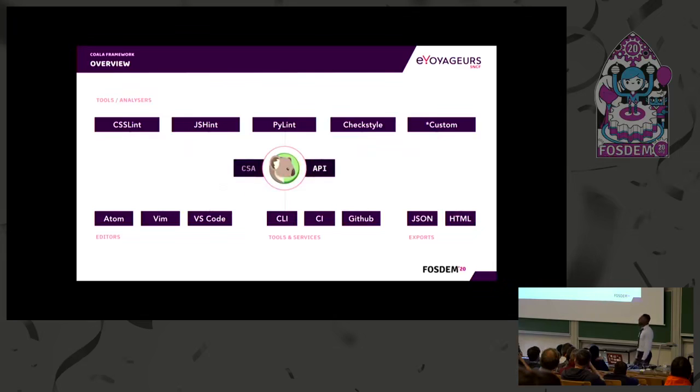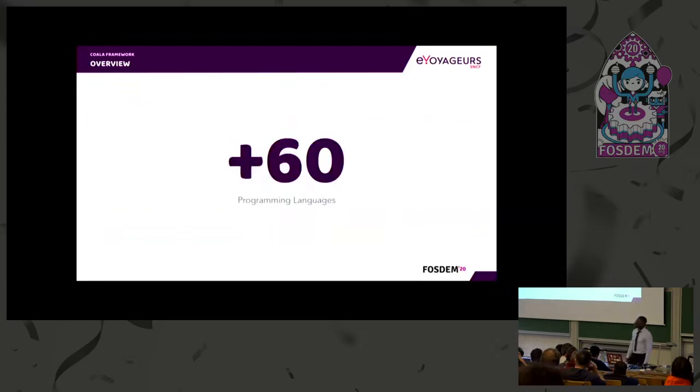Coala is not pretty, it's just an API which is language agnostic. That means you use Coala in Python, but you can analyze code from any language. It supports more than 60 programming languages for now.